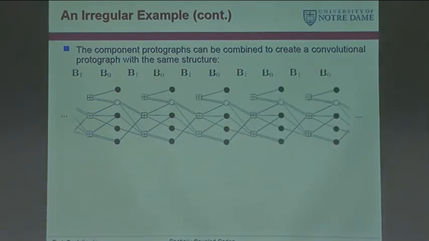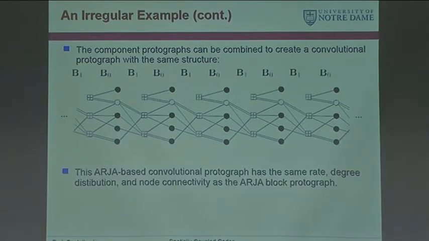So we get a convolutional protograph that looks something like that based on this irregular ARJA block code. And this is going to have the same rate. It's still rate 1/2, same degree distribution, and same node connectivity as the ARJA graph. Just like when we do edge spreading from any other block code base matrix.